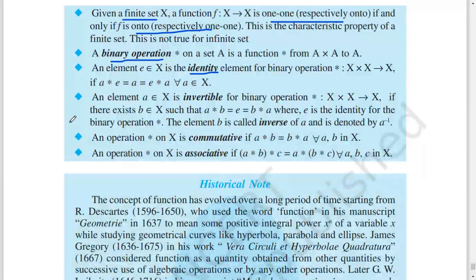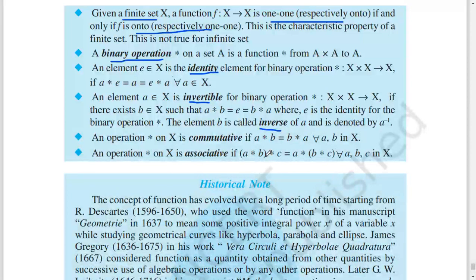An element a belonging to X is invertible for the binary operation * : X × X → X if there exists b belonging to X such that a * b = e = b * a, where e is the identity for the binary operation *. The element b is called the inverse of a and is denoted by a⁻¹.